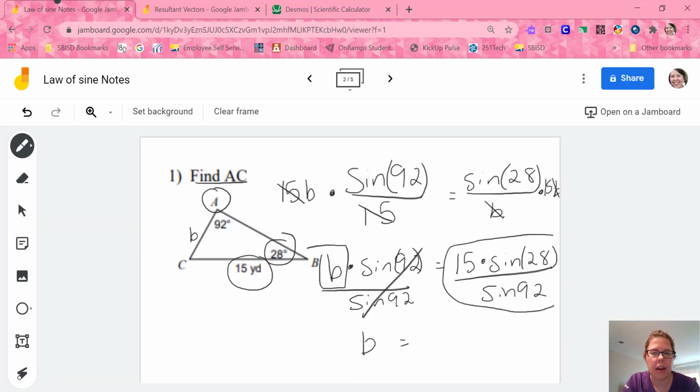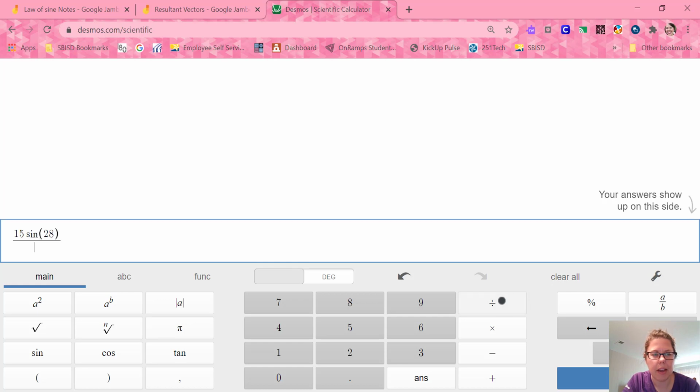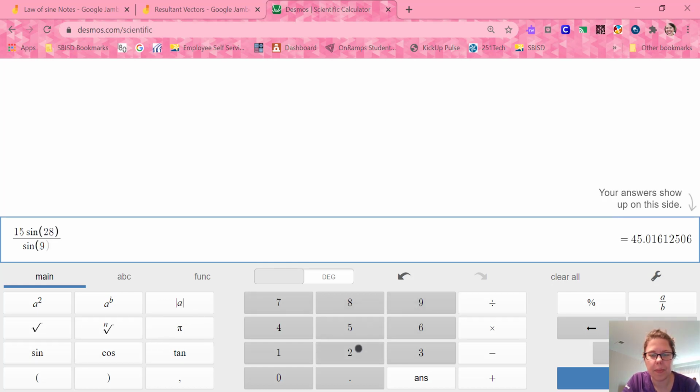We have 15 times sine of 28, close those parentheses, divided by sine of 92. Here, the problem asks you to round to the tenths place today. And 4 does not make us round up, so we will call this 7.0.